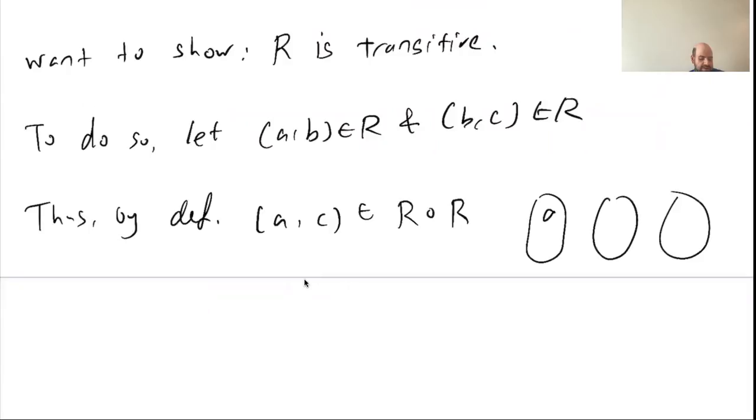See, if (a, b) is here, and (b, c) here, but here both of the relations are R, and all the sets are, let's say, some set A. So (a, b) is in R, (b, c) is in R. Then I can say that (a, c) is in R∘R.